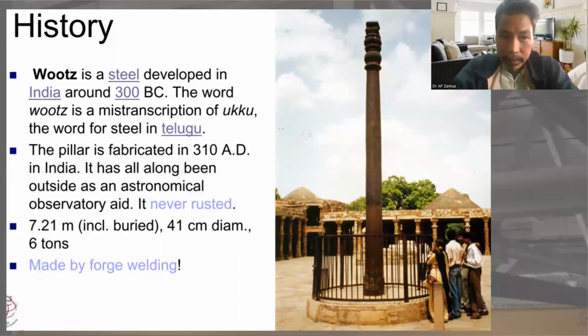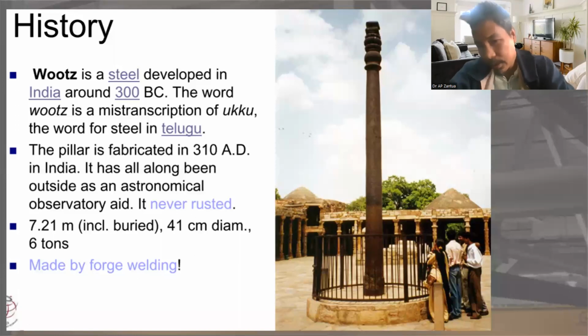It is about 7.21 meters in height, including the footings that is actually buried underground, 41 centimeter diameter and weighs about 6 tons. So this particular structure, as you can see, it is good that we have a picture together with some tourists because the height of the tourist is the height of a common human being.